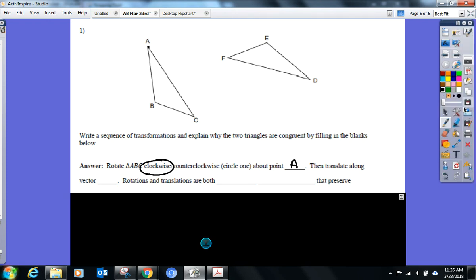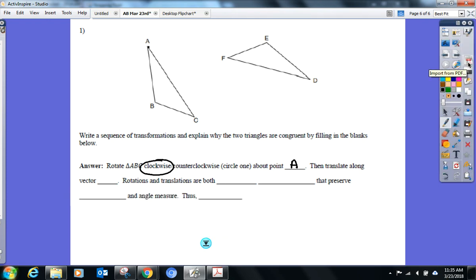Now here's where the catch is going to come in. We rotate it around point A clockwise. How would you tell me where I slide it? And to the right is not going to cut it. How else can we describe a translation without using numbers? We can describe it using a vector that shows me the distance and direction I need to slide it.